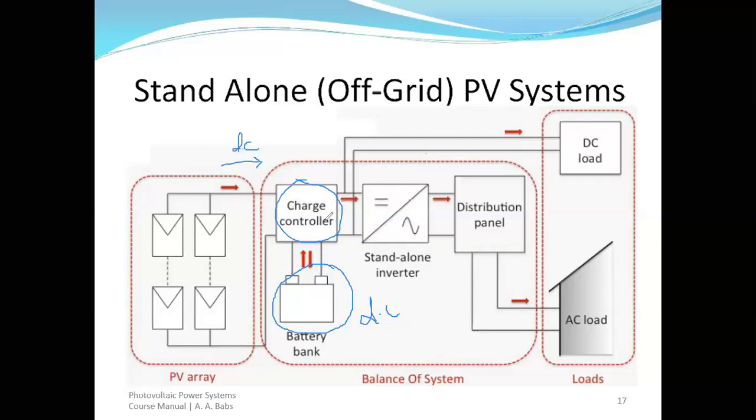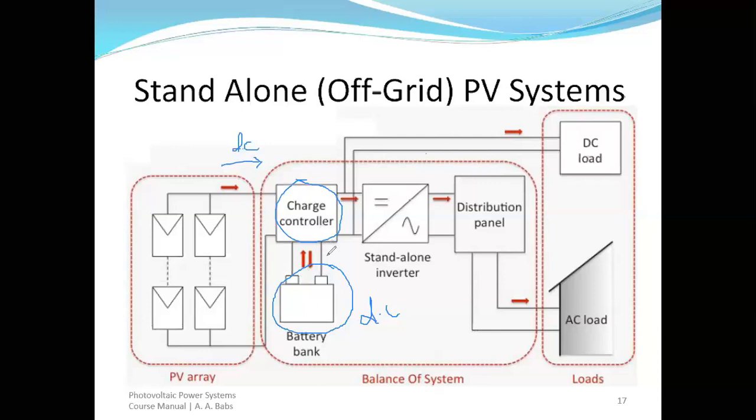Not only does energy go to the standalone inverter from the charge controller, it also goes directly to the DC load. This is a standalone PV system, which is off-grid, so we don't have any grid to connect it to. The advantage we have here is that we can supply both DC load and AC load with this configuration easily.